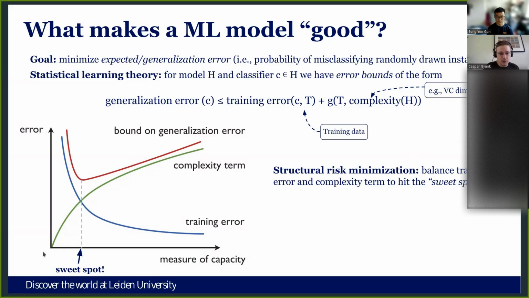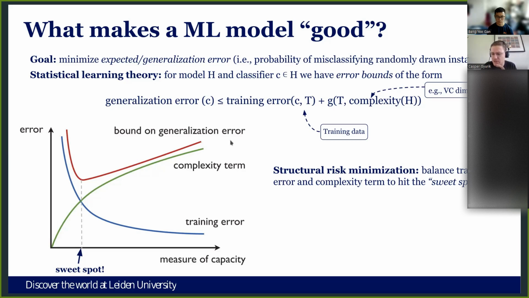We want to increase the complexity in order to obtain good training errors, but we don't want to increase the complexity too much. We want to find this sweet spot. A word that arises here a lot is overfitting. You don't want to make your model too complex as to overfit on the training data, because in that case, you're here.